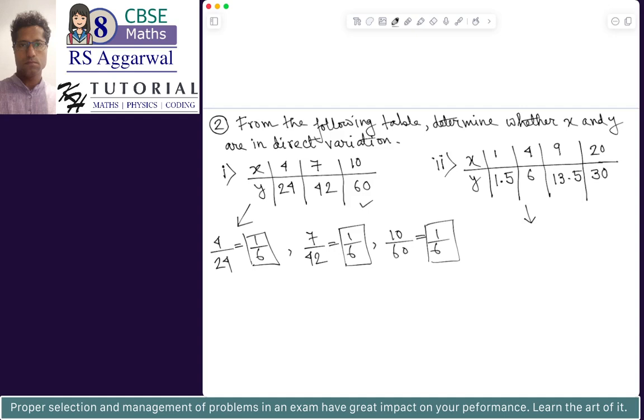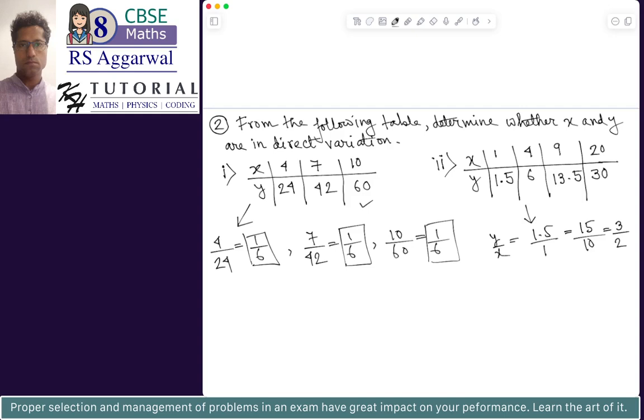For the first set of values, y by x is 15 by 10. After simplification, this is equal to 3 by 2. So the ratio y by x for the first set of values is 3 by 2.